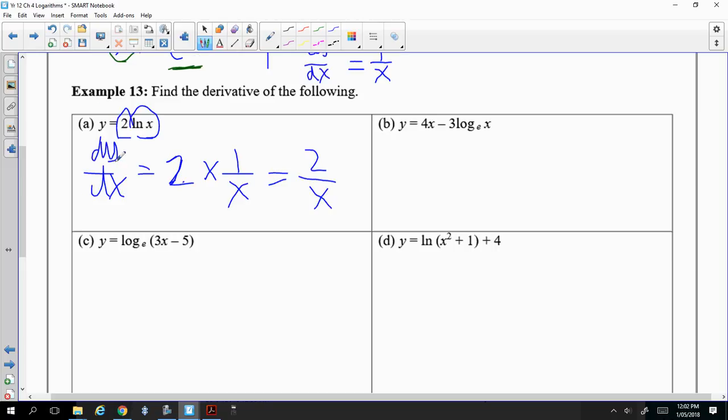How about the next one? y dash equals the derivative of 4x, which is just 4, and the derivative of log base e of x, which is ln x, is 1 over x. So you write 3 times 1 over x. The answer is 4 minus 3 over x.